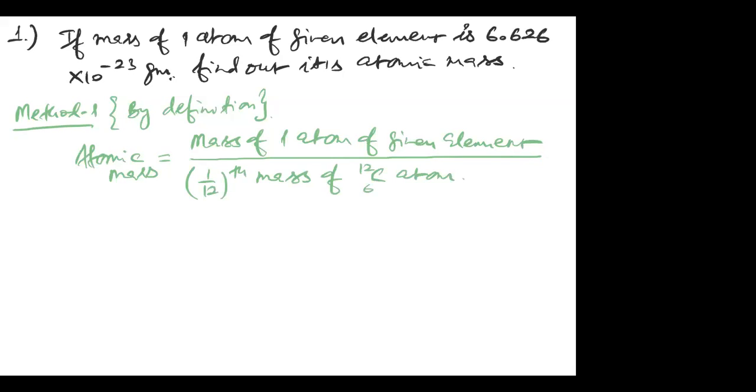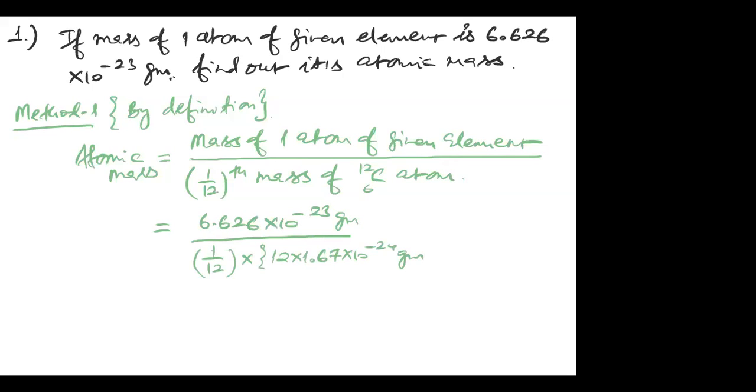And as per calculation, it is 6.626 into 10 raised to the power minus 23 gram divided by 1/12 mass of 6C12 atom, which is 1/12 of 12 AMU. 12 AMU means 12 multiplied by 1.67 into 10 to the power minus 24 grams.